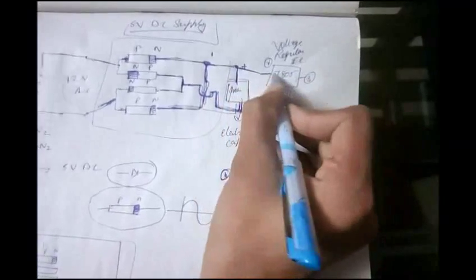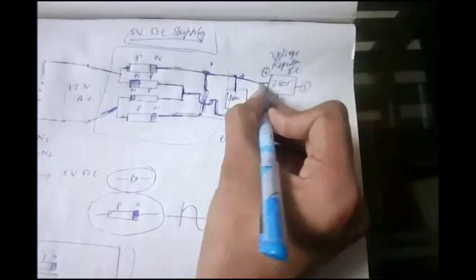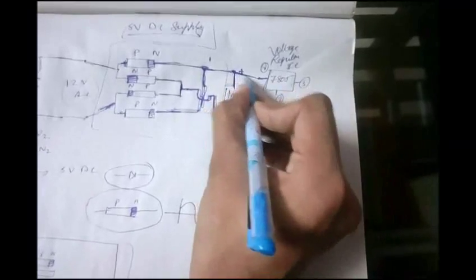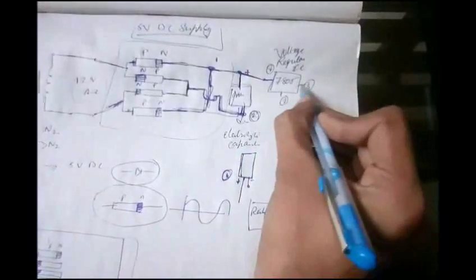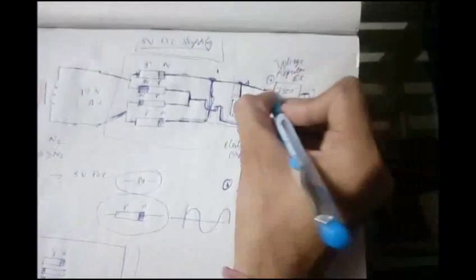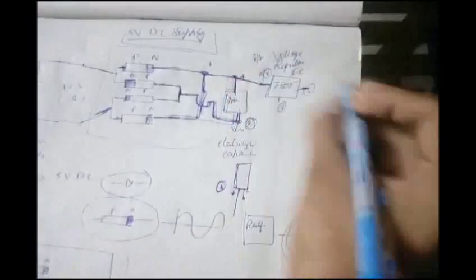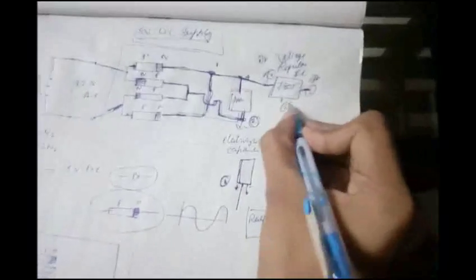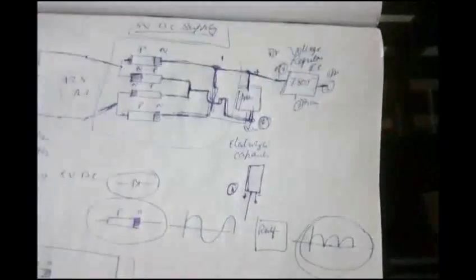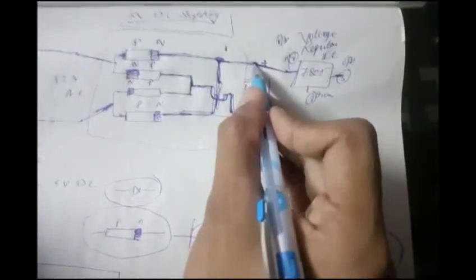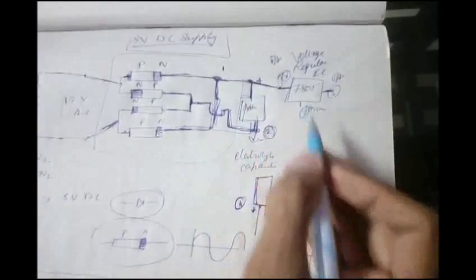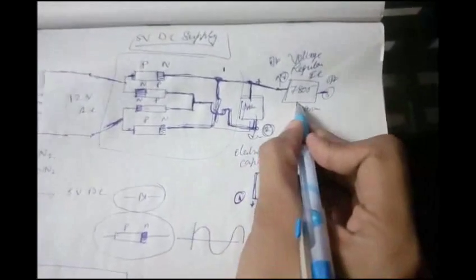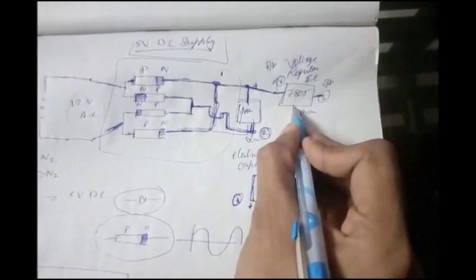Make the connection: solder the first pin of the 7805 to the positive terminal of the capacitor. The first pin is your input, this is your output, and this one is your ground. You have connected the output of the capacitor to the input of the 7805, and the ground portion, where will you connect this?